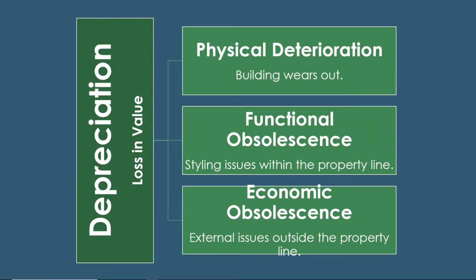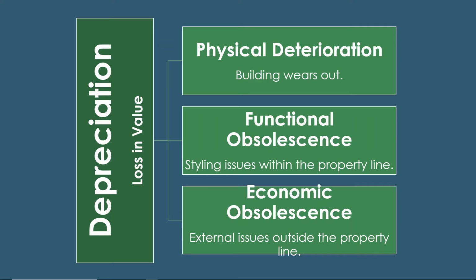That is physical deterioration. Now, the absolute hardest type of depreciation to fix is economic obsolescence. Another way of saying it is external obsolescence. So this is external issues outside the property line. It doesn't deal with anything within your property line, but it might be your neighbor or county issues.